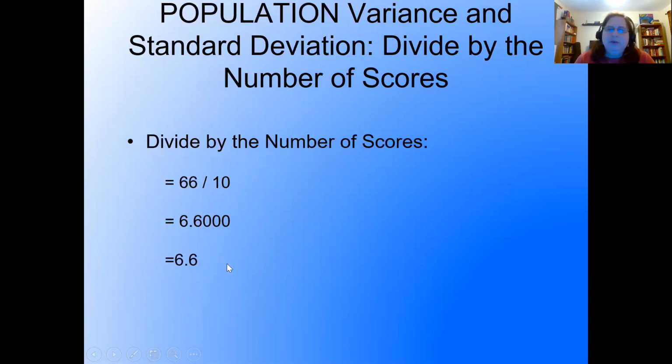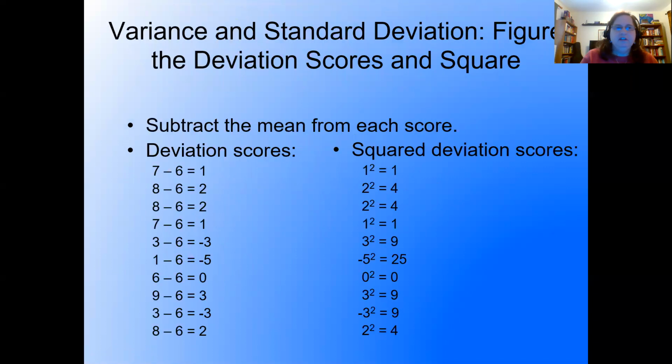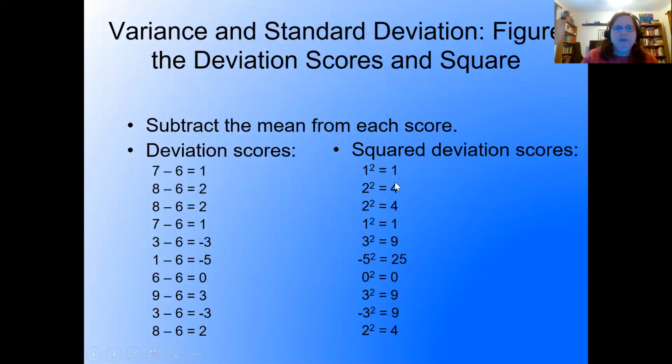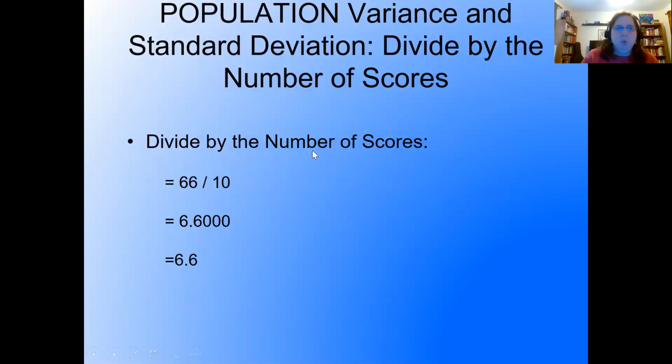So why is it 6.6? Remember our original data, and I'll flip back just to show you. Here's our original data, no numbers beyond the decimal point. So we want 1 number beyond the decimal point.